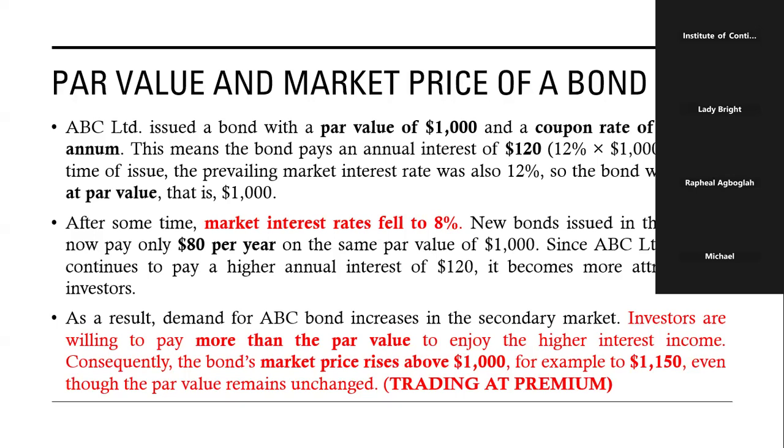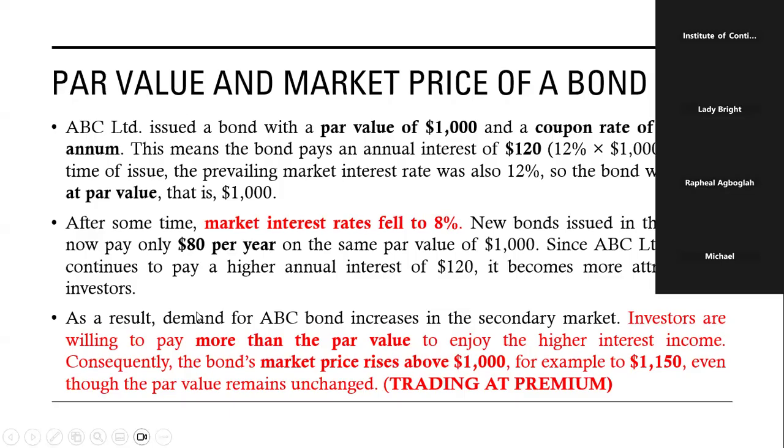Even though par value is still 1,000, the market price of ABC shoots up just because demand is rising for ABC. Market price for ABC now becomes $1,150. People will still buy ABC.